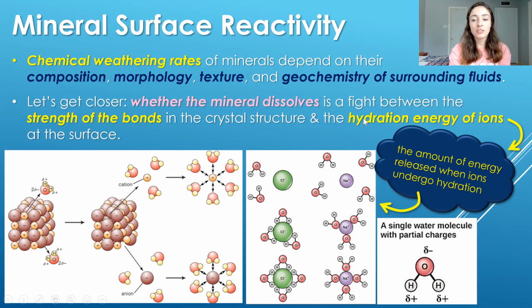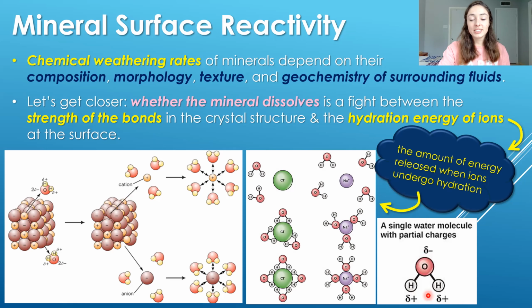It's just how strong the bonds are that are holding the crystal or mineral together. Whereas the hydration energy of ions at the surface of the mineral refers to the amount of energy released when ions undergo hydration. So water molecules, which are obviously in the solution that surrounds the surface of the mineral, are polar molecules, where the oxygen has a partial negative charge, whereas the hydrogens have a partial positive charge. So these oxygens in the water molecules are going to be attracted to the positive ions or cations at the surface of whatever mineral the solution is flowing near or on.